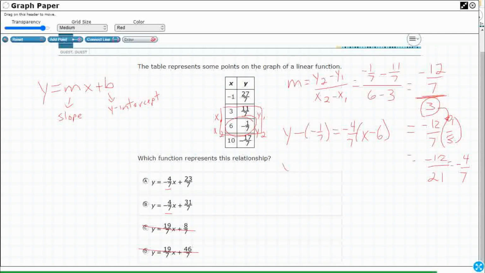Okay, so y plus 1/7, because that's going to cancel out, equals negative 4/7 distributed, x plus 24/7. Now we just need to subtract 1/7 from both sides. So y equals negative 4/7 x, and then subtracting, that's going to leave me with 23/7. And there we go.